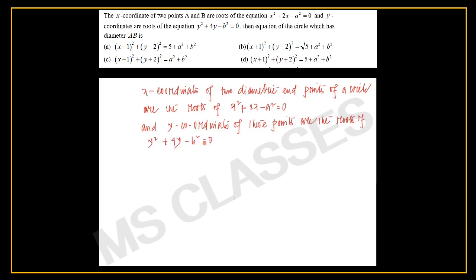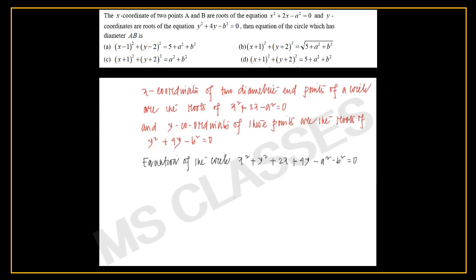So here the plus point is what? We can see that here the coefficient of x square and coefficient of y square is 1 only. So to get the equation of circle, simply add these two. So the equation of the circle is x square plus y square plus 2x plus 4y minus a square minus b square equal to 0.